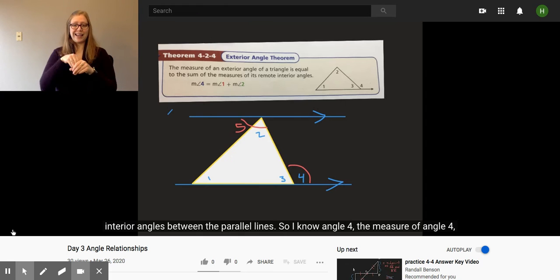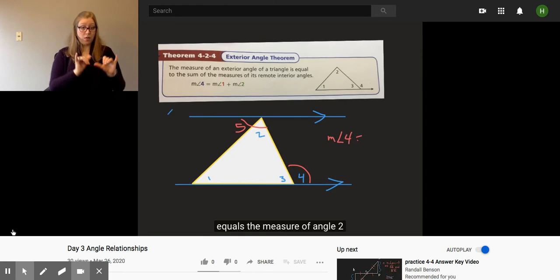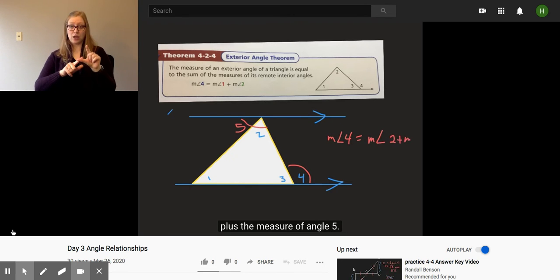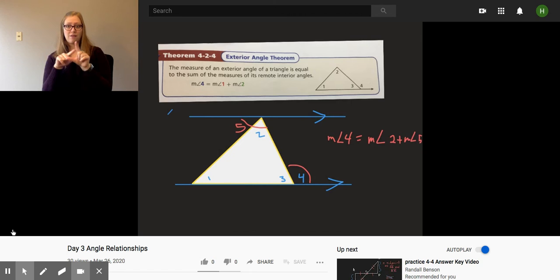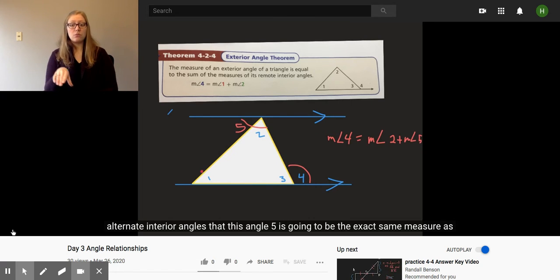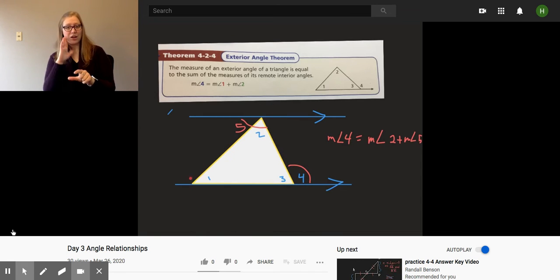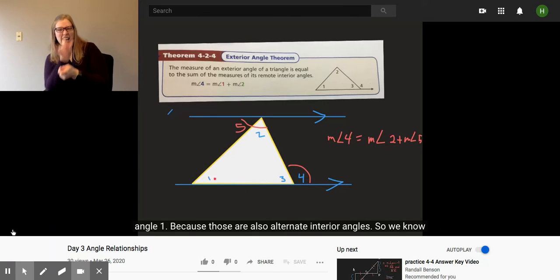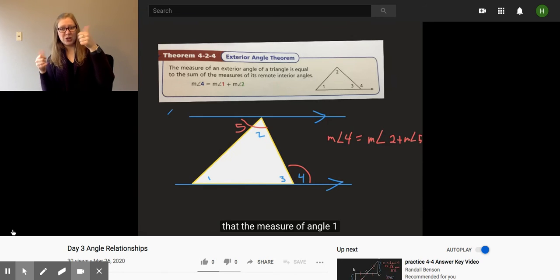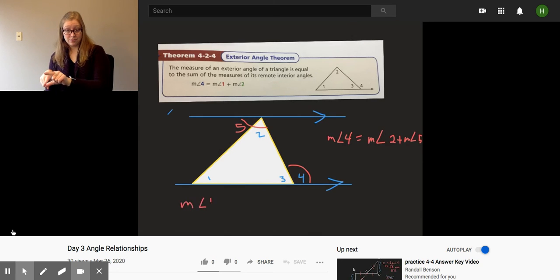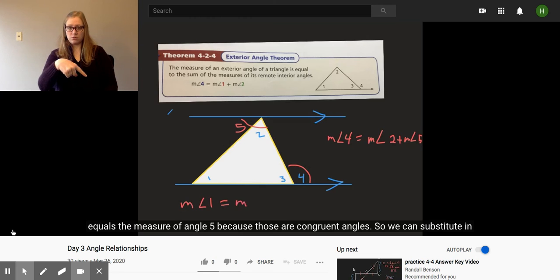So the measure of angle 4 equals the measure of angle 2 plus the measure of angle 5. But I also know by alternate interior angles that angle 5 is the exact same measure as angle 1. So the measure of angle 1 equals the measure of angle 5, because those are congruent angles.